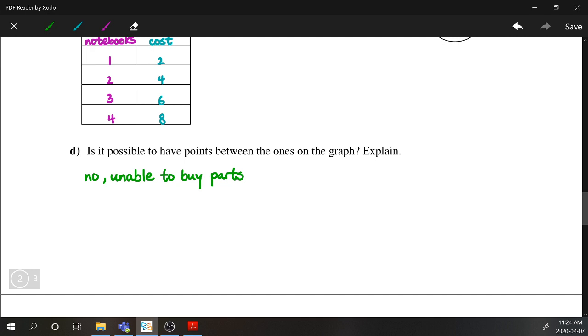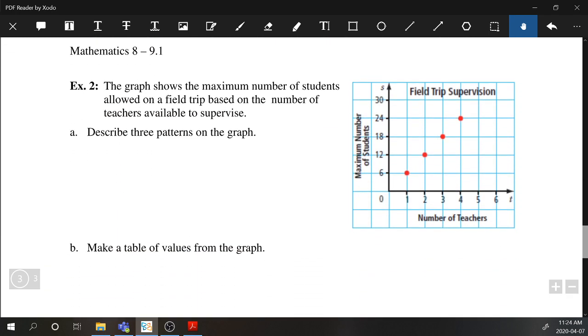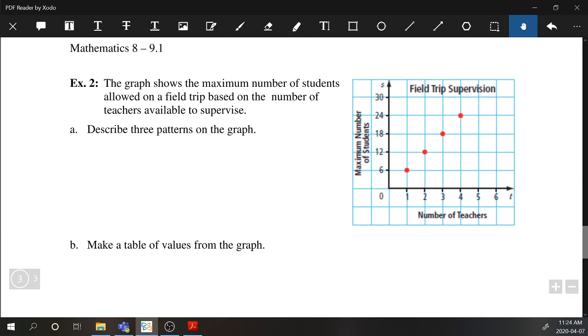So we have one more example to look at after this one. So we're looking at the maximum number of students that is allowed on a field trip based on the number of teachers that are available to supervise.